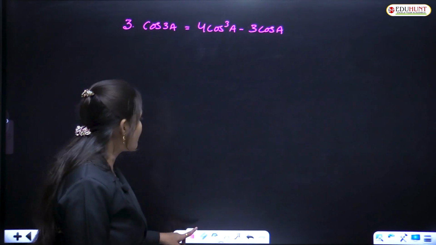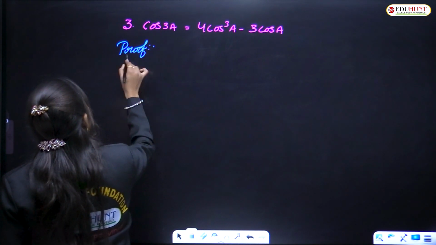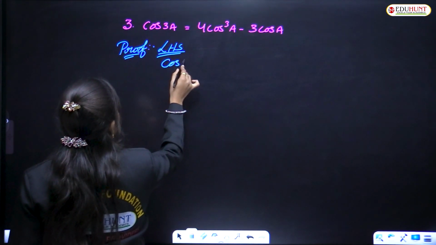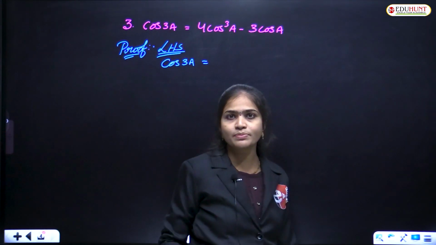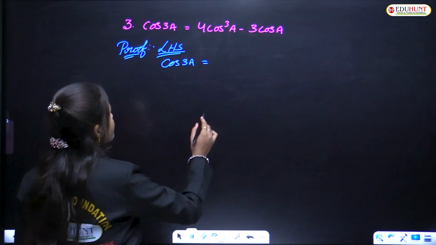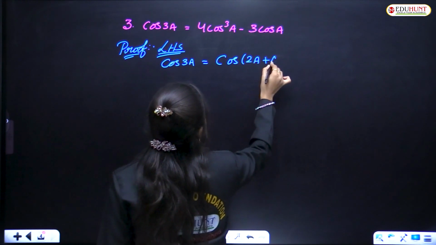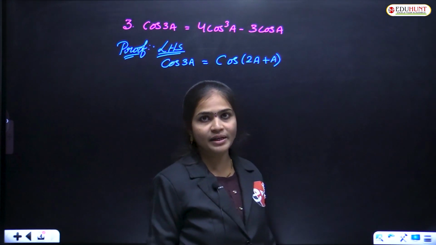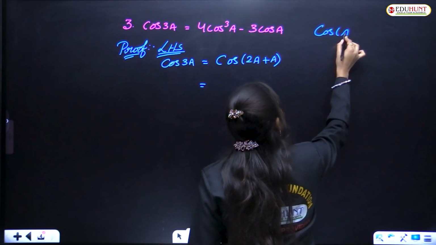Again, see the proof here. I am going to take the LHS, which is cos 3A. Just like the previous one, sin 3A, which we wrote as 2A plus A, here also cos of 2A plus A. Now this is in the form of cos of A plus B. What is the cos of A plus B formula?